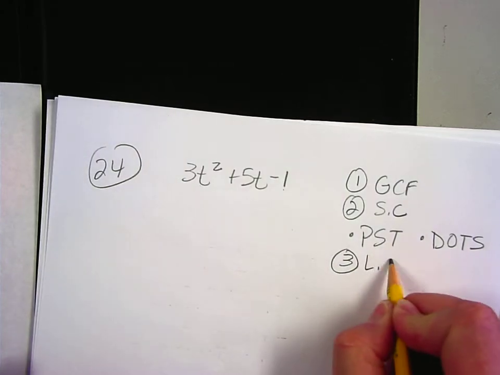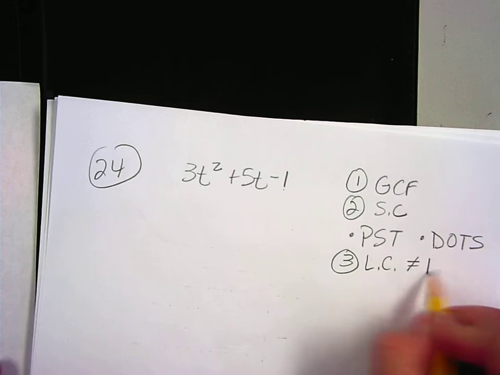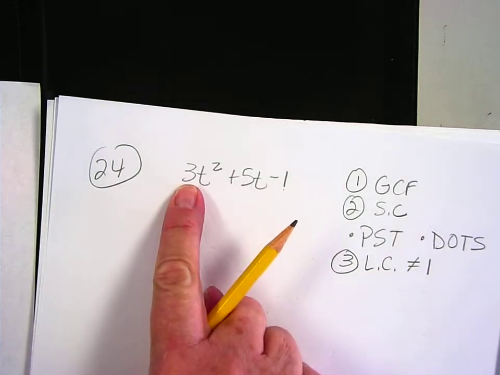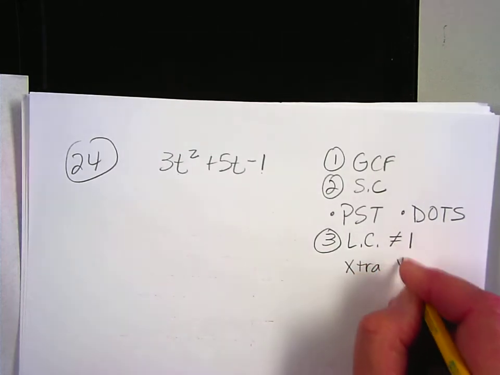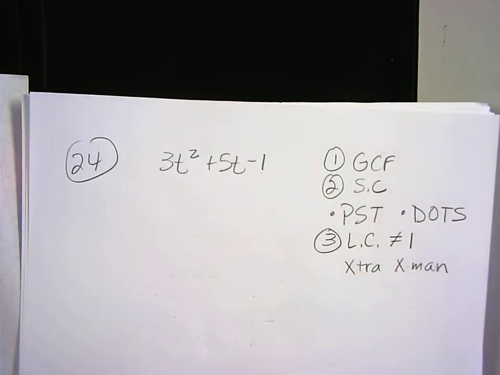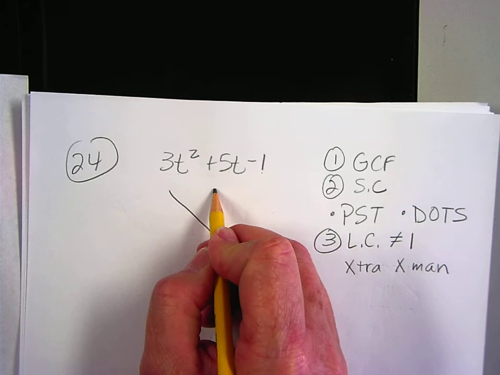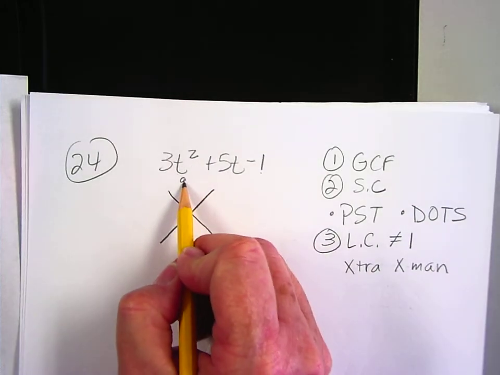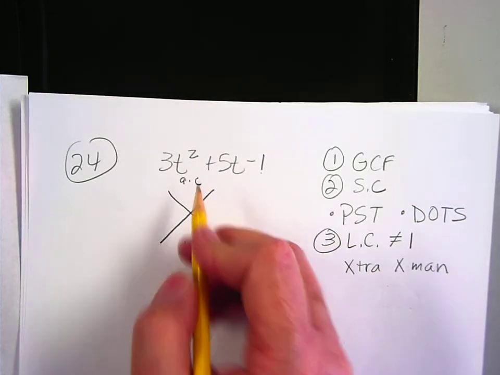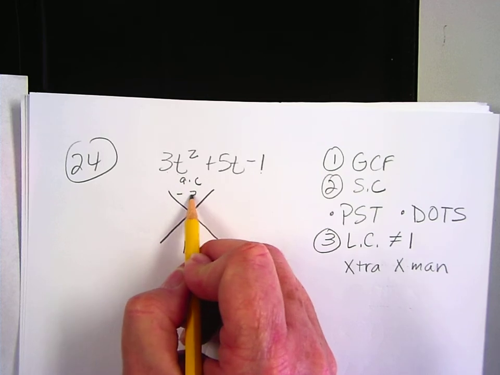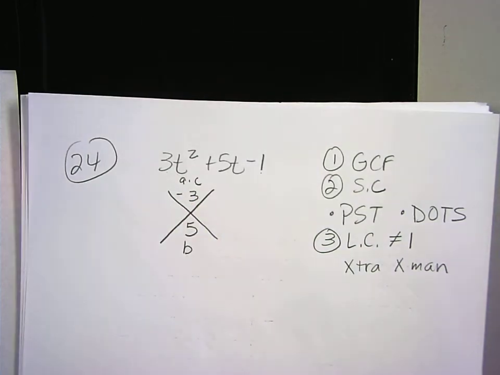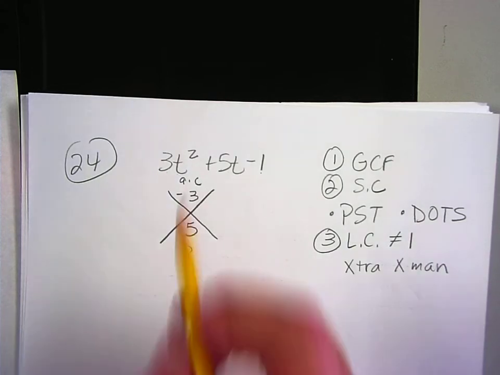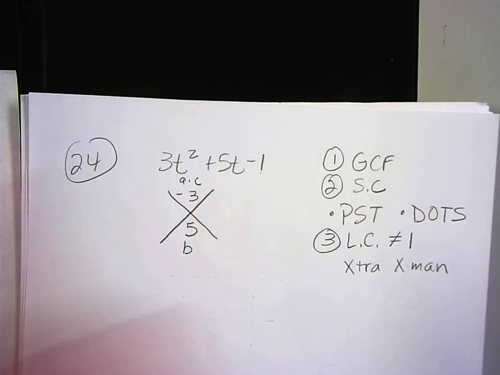Now, the leading coefficient does not equal 1, so we're going to use extra X-man. So here's how extra X-man works. We start out like we normally do, A times C and B. Here's -3, and here's 5. Let's see. How do I get -3 when I'm multiplying?